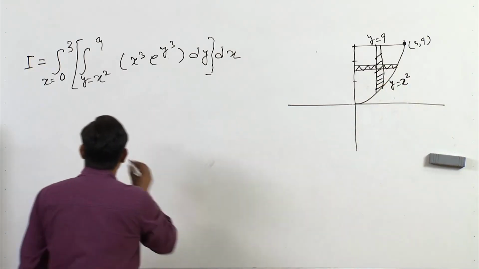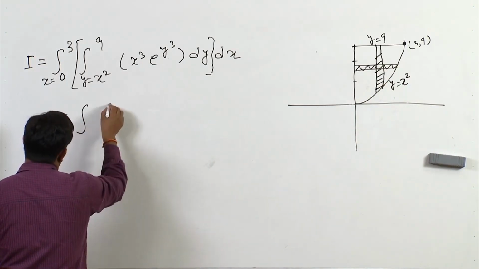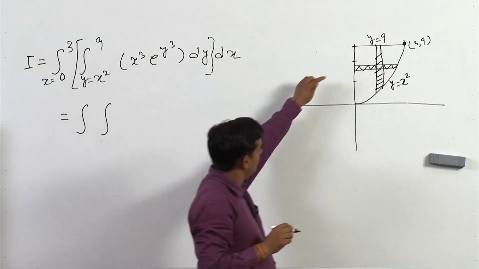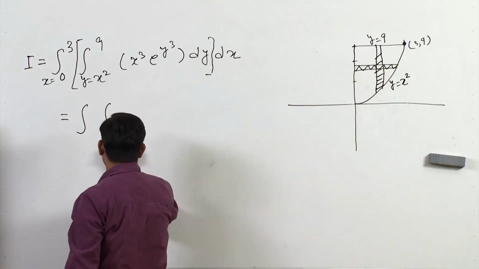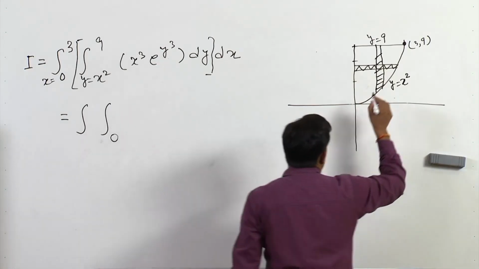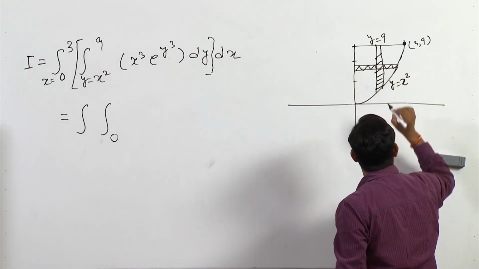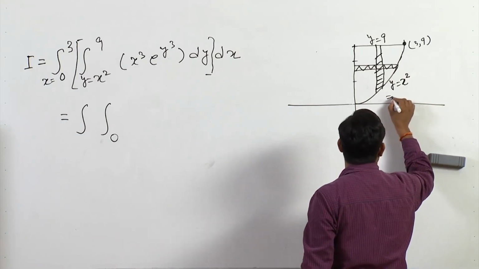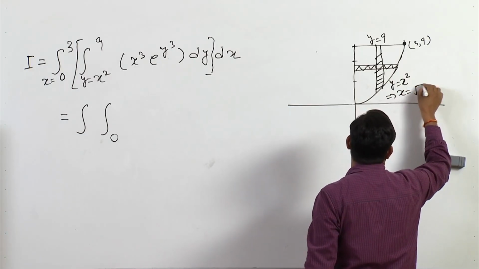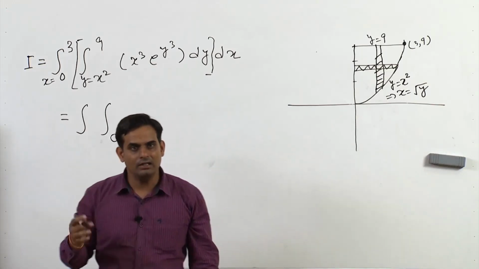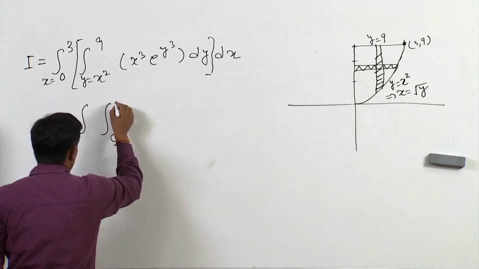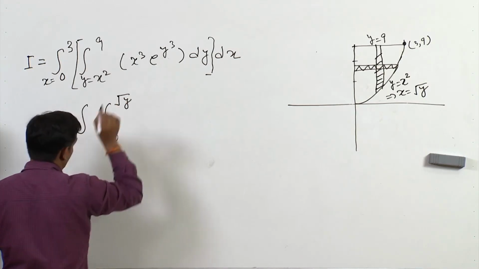Now the lower limit of x will be 0, and the upper limit will be this curve. What is this curve? y equals x square. So, I can write x equals root y, because now I need to take the variable limit in y. So, 0 to root y.